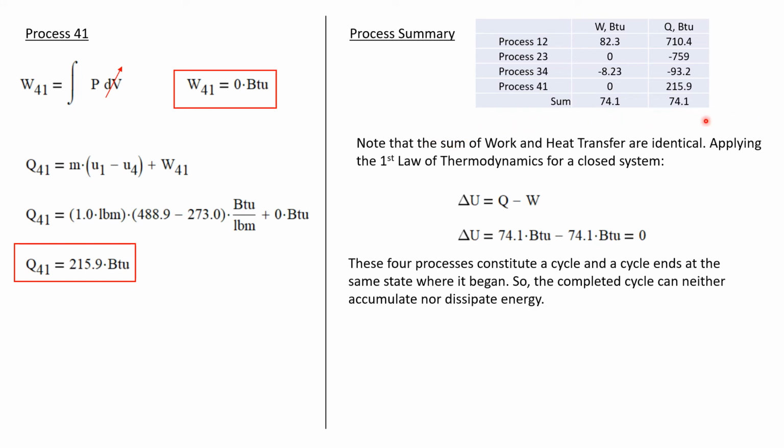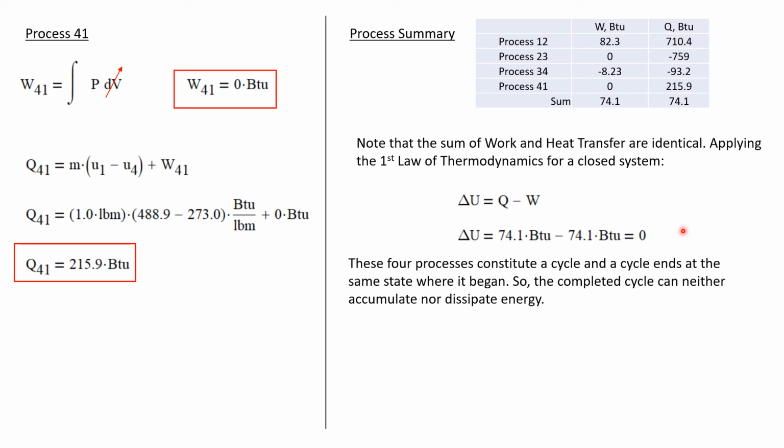Notice that they're identical, and if we write a simple energy balance for the cycle, where we're ignoring kinetic and potential energy effects, we can write, again, for the cycle, that delta U is Q minus W. Well, we have values for W and Q for the cycle, and so delta U is just 74.1 BTUs minus 74.1 BTUs, which is equal to 0.